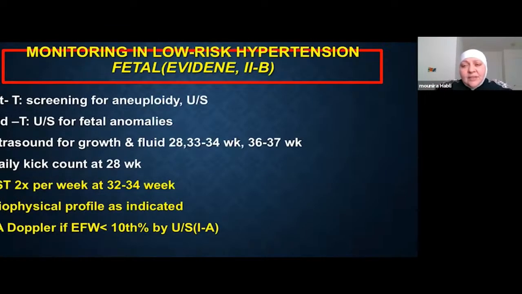These patients will be managed like any other patient. We will do the first trimester screening, second trimester fetal anomaly ultrasound, ultrasound for growth and fluid, usually fluid weekly, ultrasound every 4 weeks starting at 28 weeks, and antenatal testing. Umbilical artery Doppler is done if the estimated fetal weight is less than the 10th percentile by ultrasound.